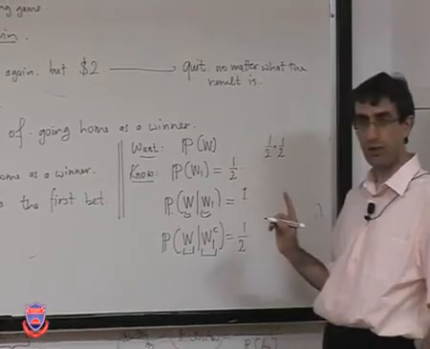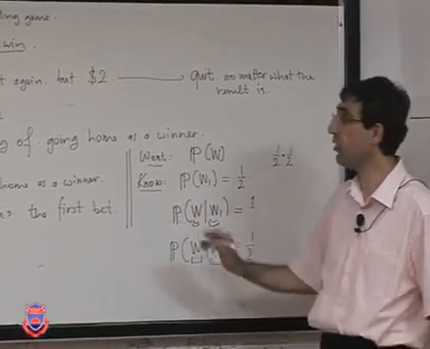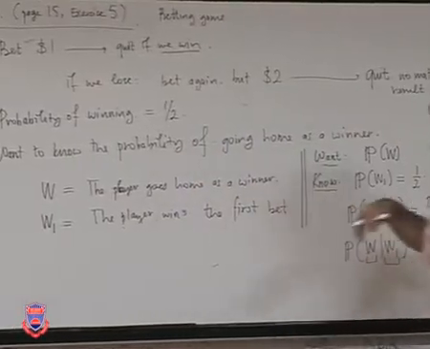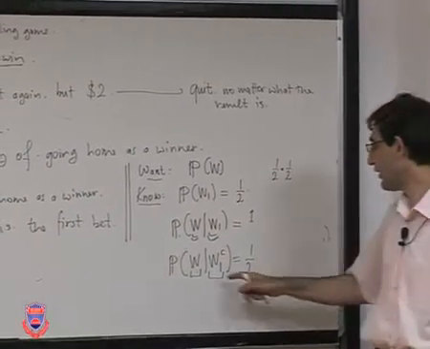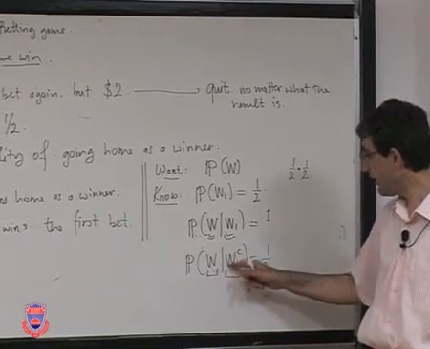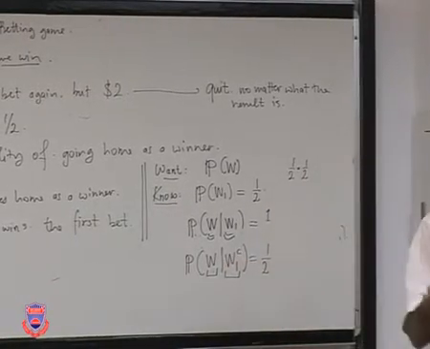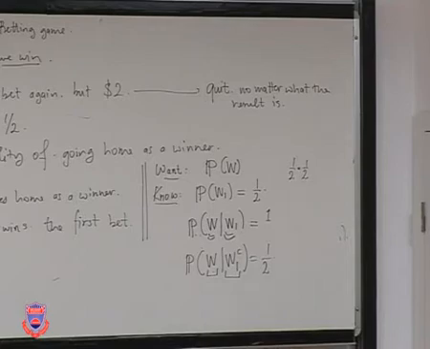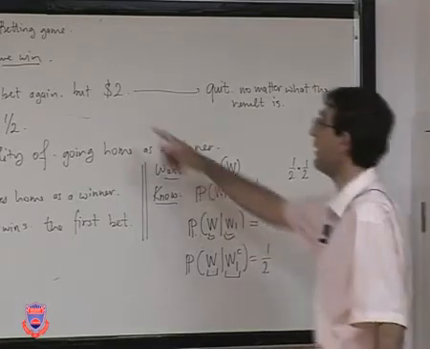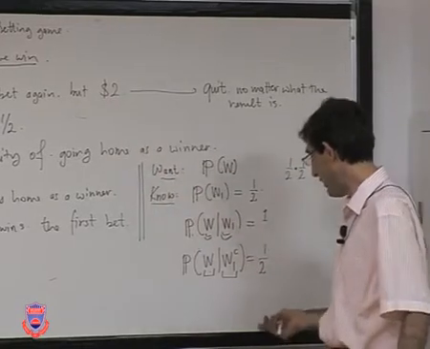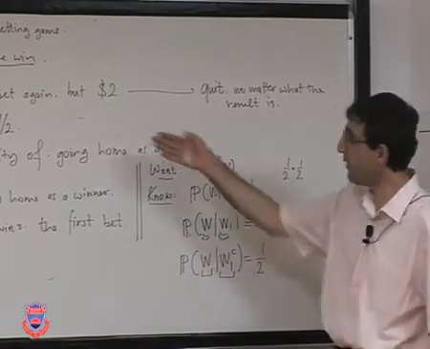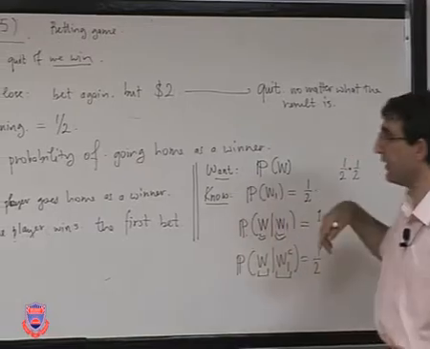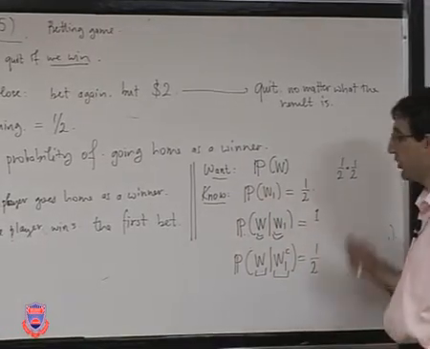Not even 1 over 4, because this now is given, we know that he lost, right? There is nothing uncertain about that. Given that information, he has a second chance, so we know that he's going to bet one more time, even though he's betting more money now. But the probability of winning will not change from one bet to another, and if the probability of winning at each stage is 1/2, this is going to be 1/2.